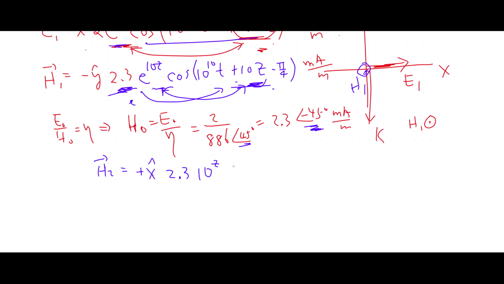This was cosine, so this one is sine. Don't write cosine again, some people did. And then the rest should be the same. Milliamp, don't forget the unit. And you're done.